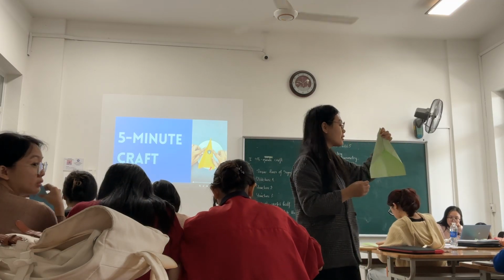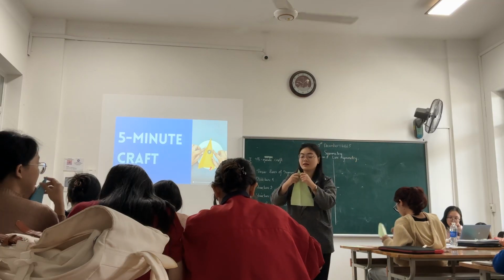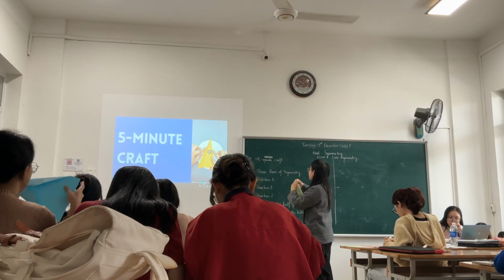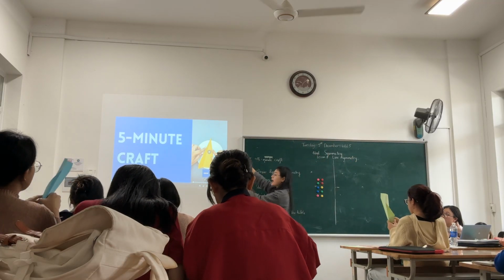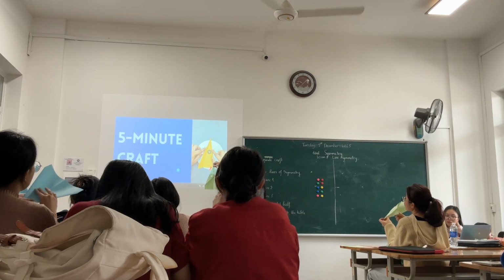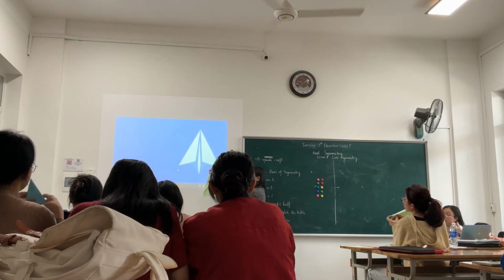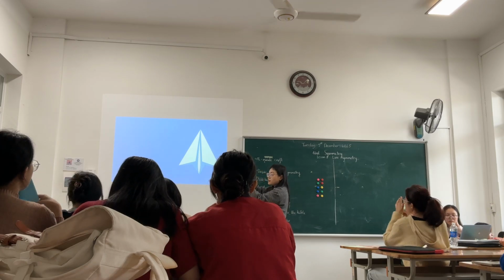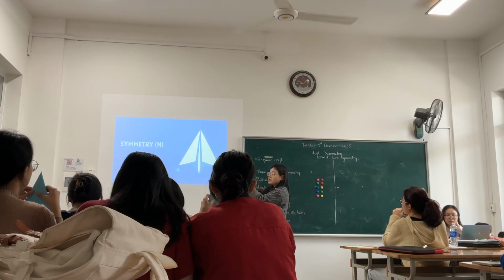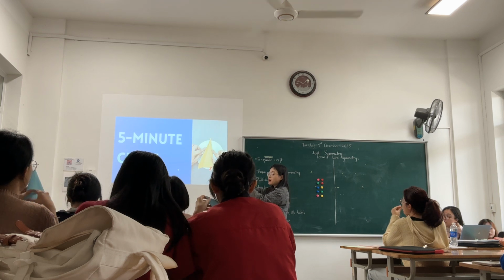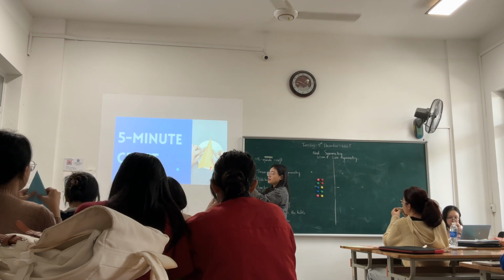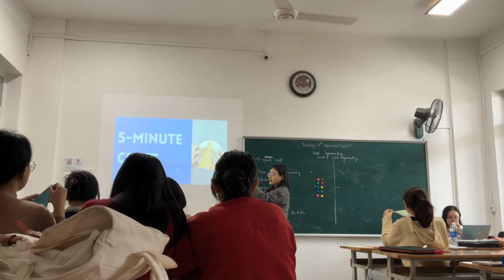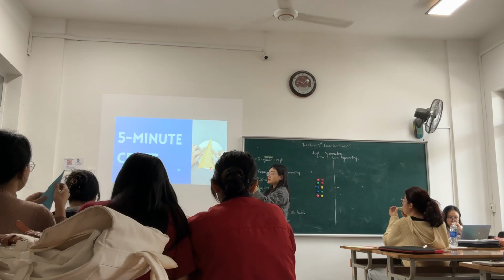Do you see your paper? Okay, so you can see that we will have a straight line in the middle of the paper. And now, following this line, you will fold the back side of your paper, and then we can make a paper plane. And here is our paper plane, will be like this.